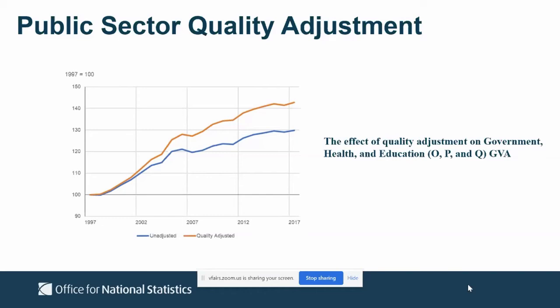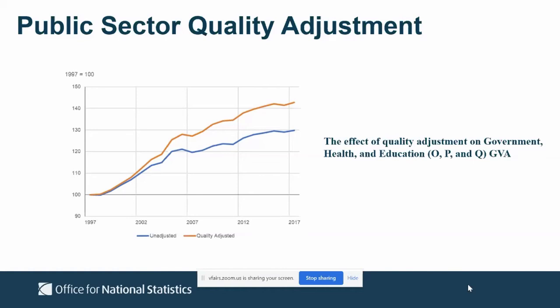Now, in the UK, under the manuals that we currently operate with, the blue line there represents a measure based on a direct measure of output: number of children in school, number of operations carried out in hospitals, number of people in prison, et cetera, across the range of the government sector. And that covers about 20% of the economy.